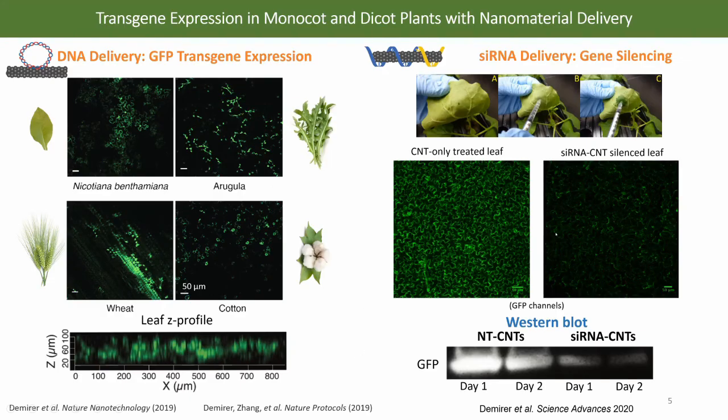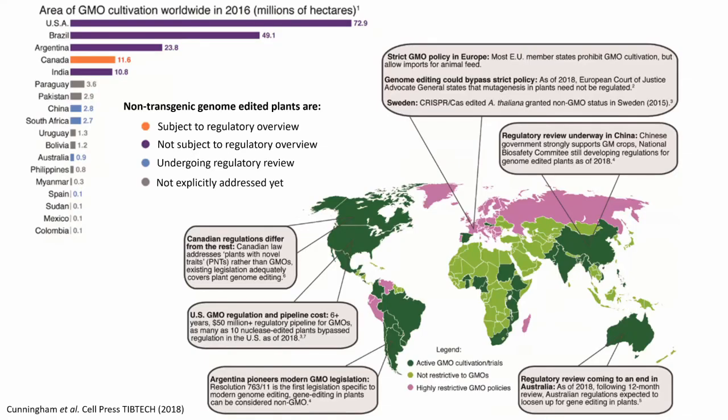And part of the features that we've observed for both platforms is in the transience of the expression or of the gene silencing in a way that we can also confirm a lack of transgene integration, such that when we combine these tools with CRISPR-based delivery, for example, of plasmids or of the RNP itself in the future, we'd be able to genetically edit a plant, perhaps avoiding transgene segregation that is currently necessary with other tools.